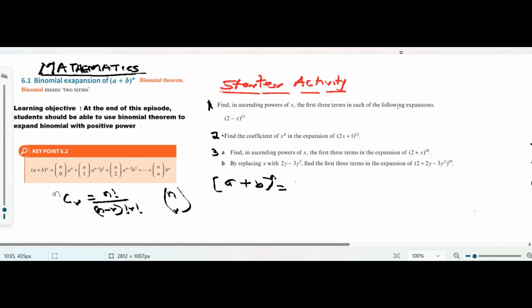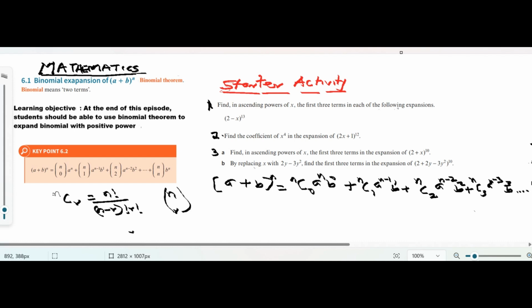To do this, you put n combination 0, a^n b^0, plus n combination 1, a^(n-1) b^1, plus n combination 2, a^(n-2) b^2, plus n combination 3, a^(n-3) b^3, and so on. You can continue the expansion.